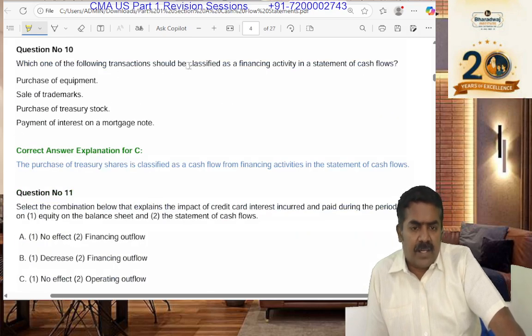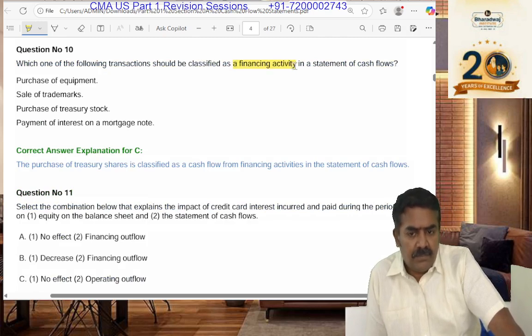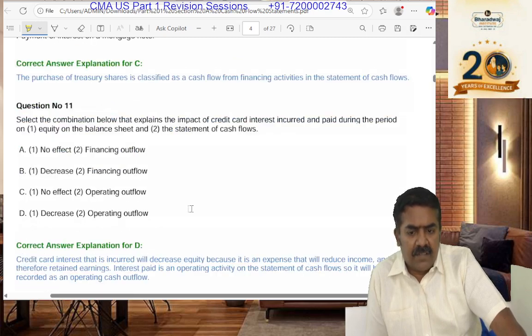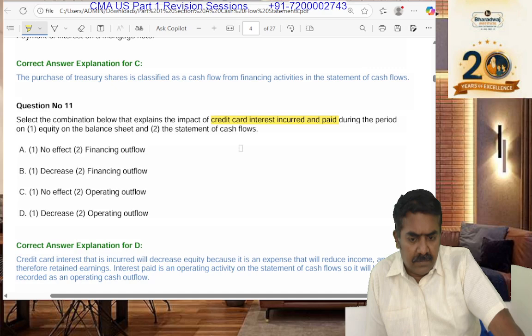Which one of the following transactions should be classified as financing activity? Buying back your own equity shares is financing activity. Impact of credit card interest incurred and paid: interest is operating activity.